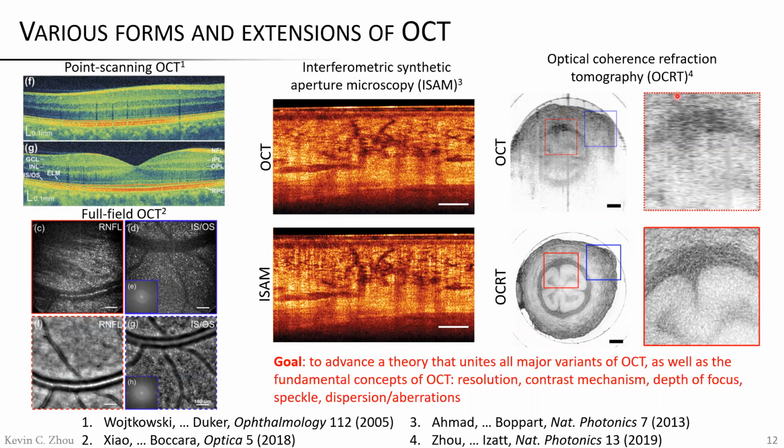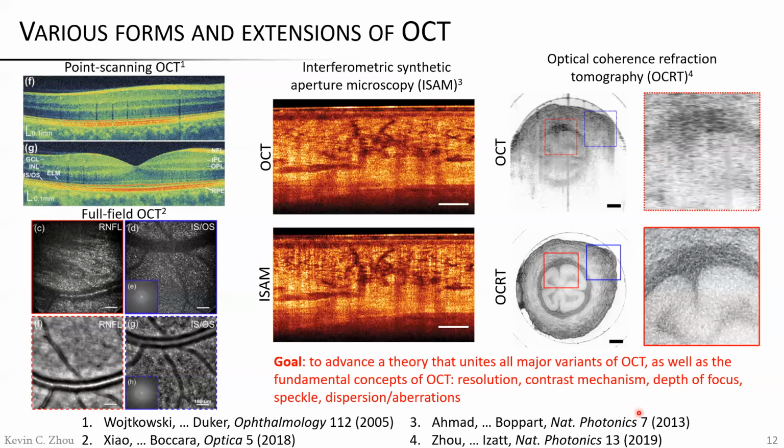More recently, our group has developed a new extension called Optical Coherence Refraction Tomography, or OCRT, which addresses the same issue in a different way and without the stability requirements of ISAM. And you'll see more of this later in this presentation.